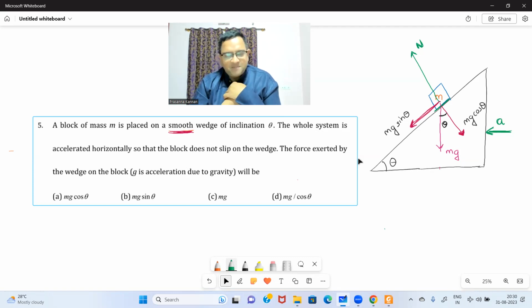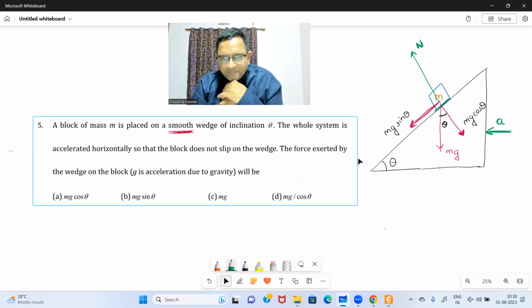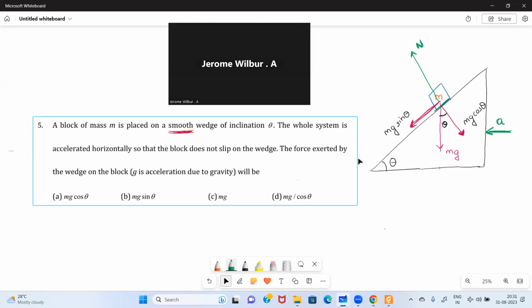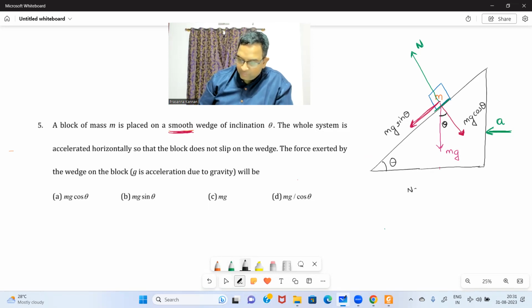Do you remember we discussed accelerating and non-accelerating, or inertial and non-inertial? This wedge is accelerating or non-accelerating? Accelerating, sir. Correct. It has an acceleration. Therefore, it is a non-inertial frame. So the frame of reference is a non-inertial frame of reference.